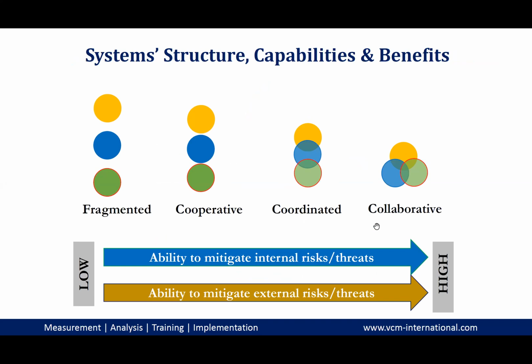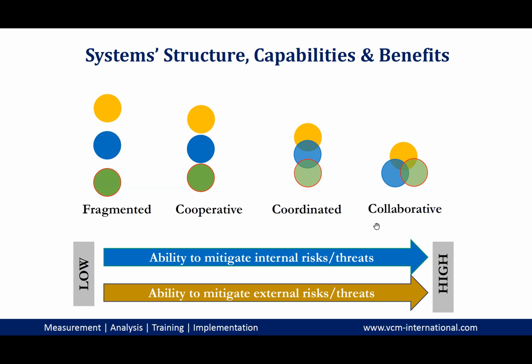Over the years, we've found that you can categorize systems, so value chains, into distinct groups. There's the fragmented, the cooperative, the coordinated, and the collaborative. The more collaborative those businesses involved in supplying the end product and its non-consumer parts to a consumer, the greater the opportunity to mitigate internal risks and threats.